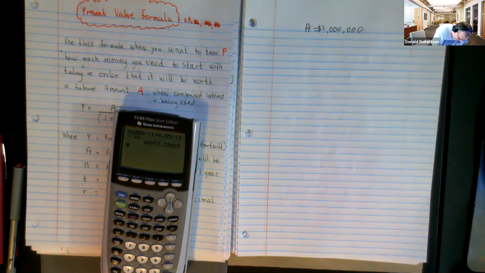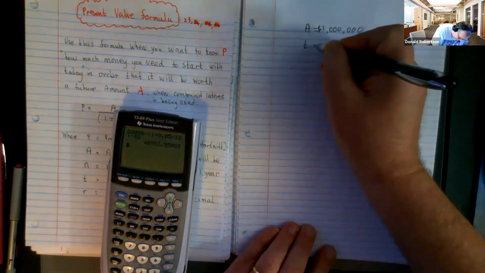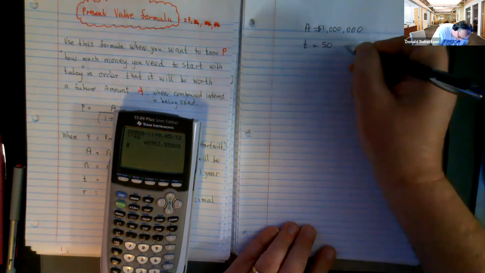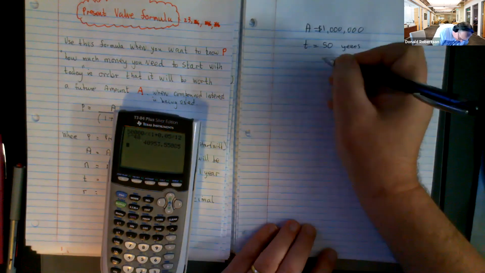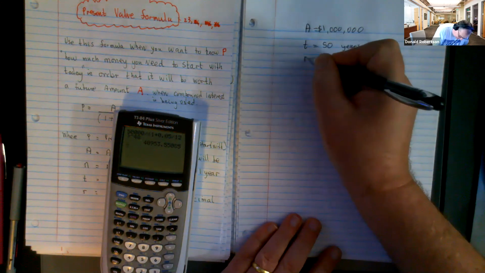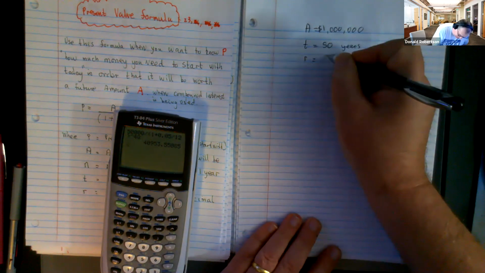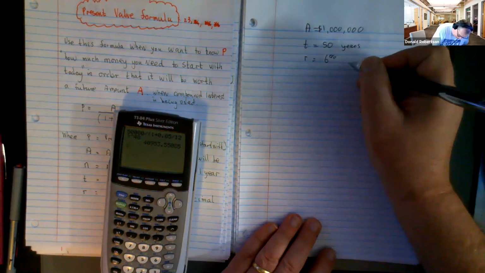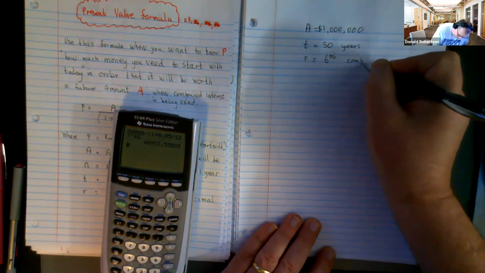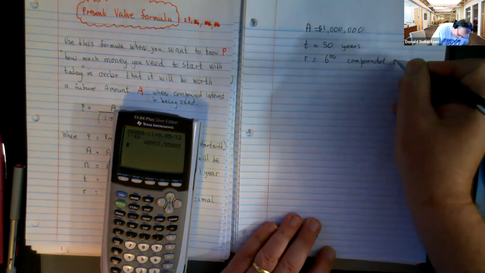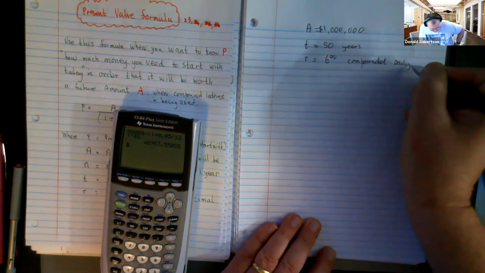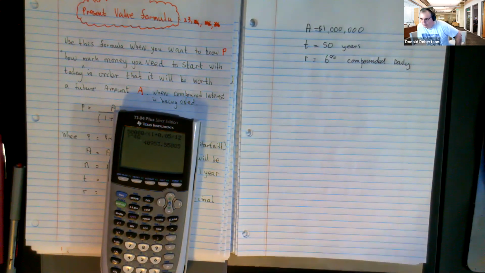But I have got 50 years to make that happen. And I am going to get an interest rate of 6% compounded daily, because I've figured out somebody who's going to do that for me.